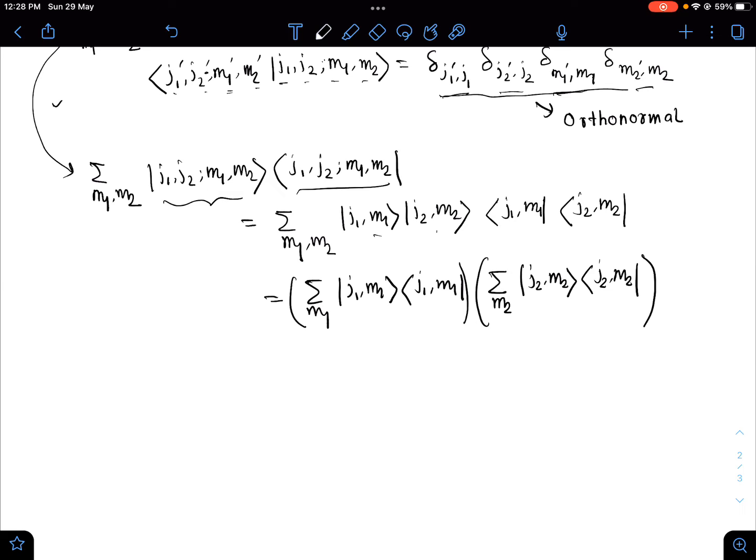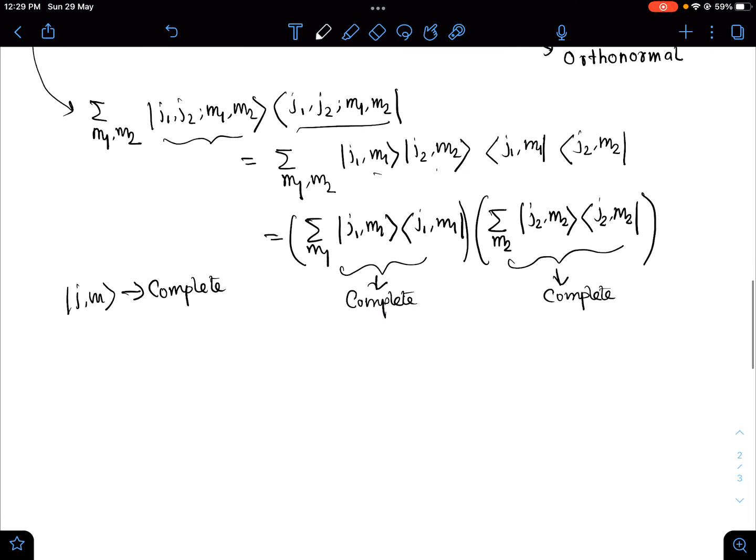Now we know that these |J, M> states are complete, so this satisfies the completeness relation, and this is also complete.